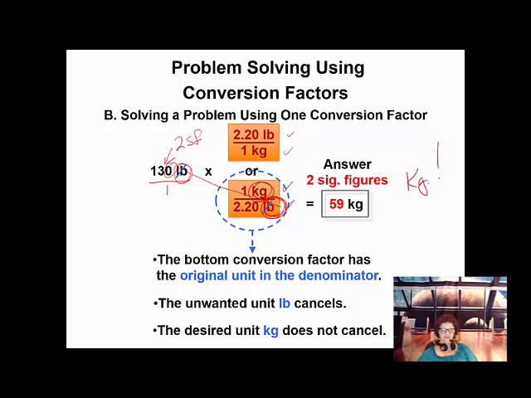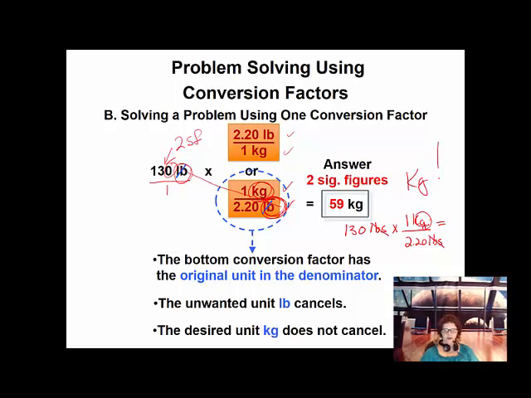So my answer is going to be in two significant figures. So if I write 130 pounds times 1 kilogram over 2.20 pounds, that's going to equal, and then my pounds have canceled and I'm left with kilograms.